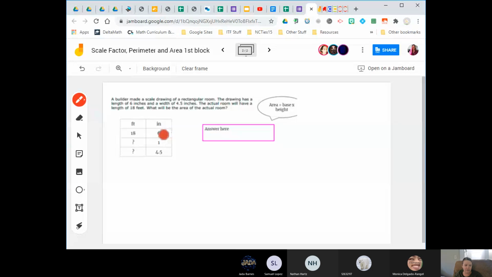So we had to figure out first what our scale factor is. So 1 inch in this scale, or in this model, is equal to how many feet? So every inch is how many in the model? That is this number right here. Okay, I see an answer of 3.